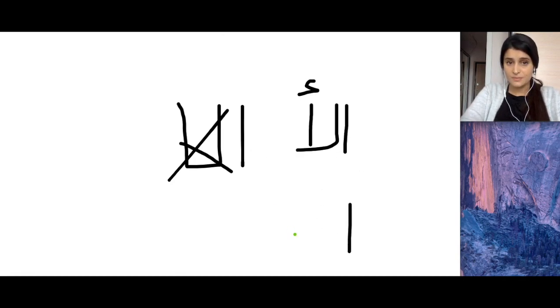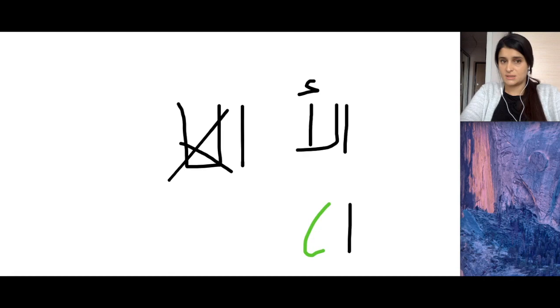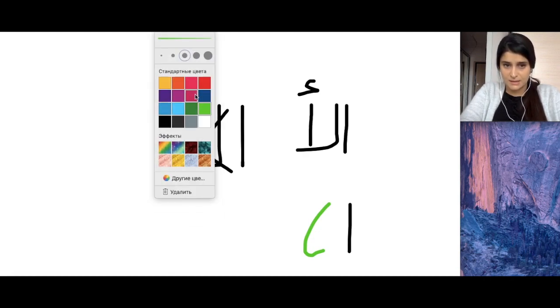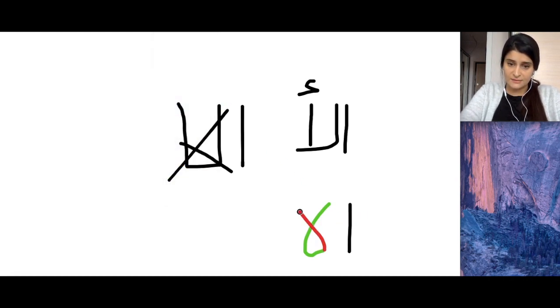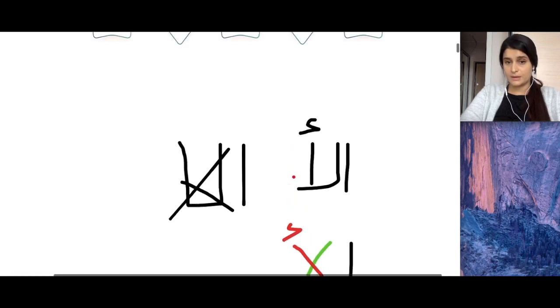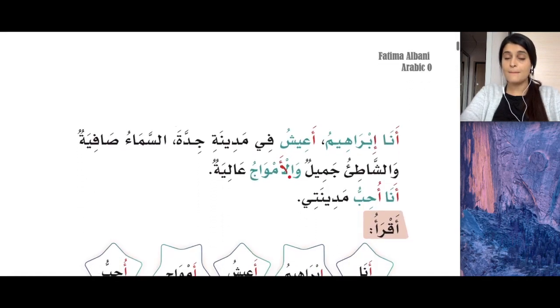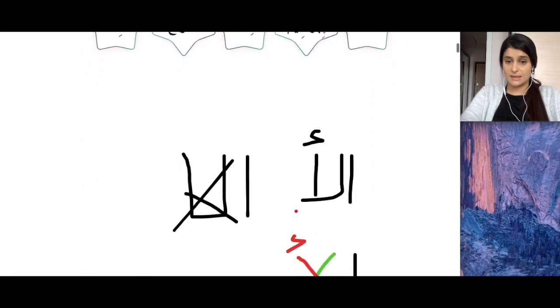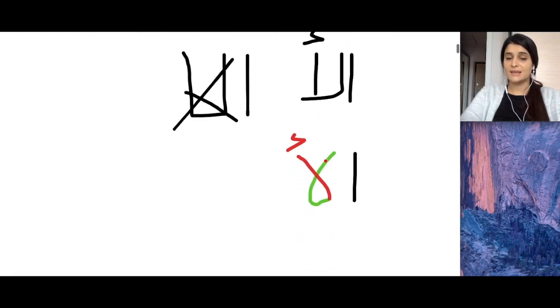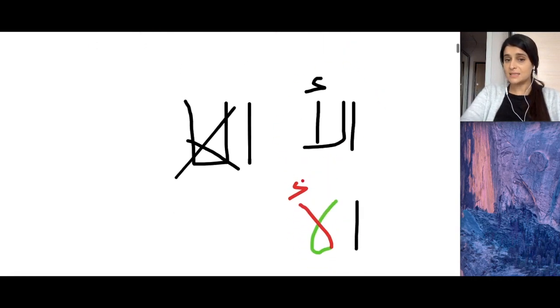This is one of the forms that you can write letter lam and alif. Here is the second letter alif, and here we have the word al-amwaj. So you can write it like that, or you can write it like that. But the classic form is to write letter alif above letter lam.